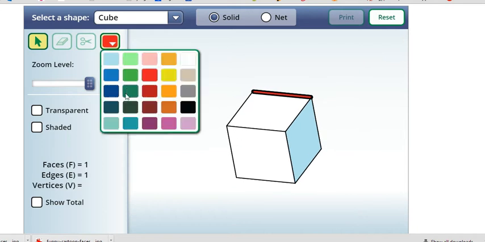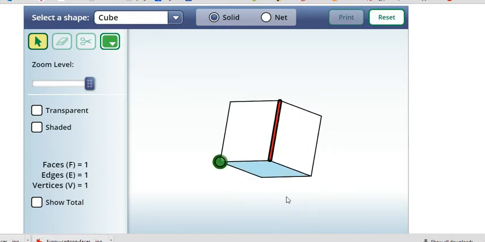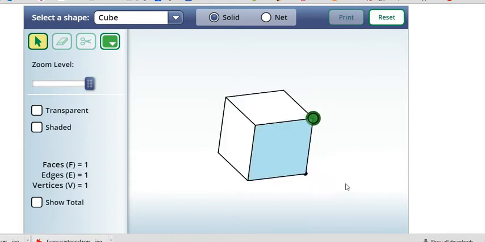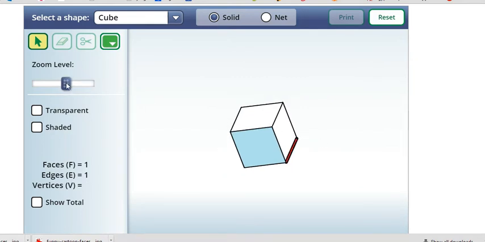I can make the vertex green. So there's that vertex, which is green, and it's got a big circle around it. I don't know why that big circle is there, but I guess it's to point out that this is a green vertex. Anyway, that's what we have, a cube.